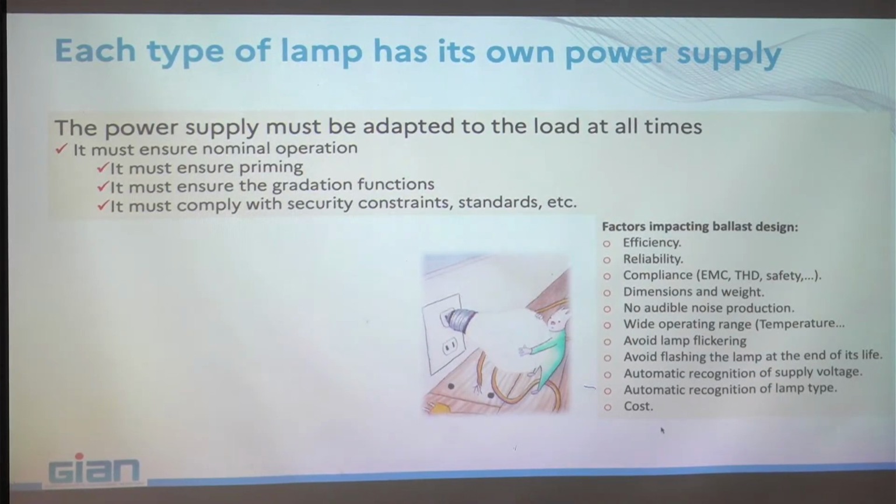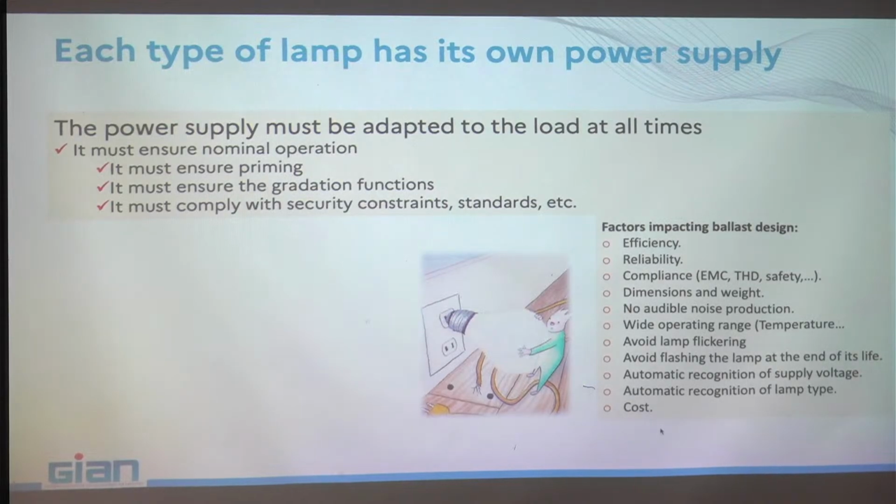It must ensure dimming, the gradation effect, of the lamps in some cases, and it must comply, of course, this is compulsory, with any security, electrical hazard, or any constraint imposed by electromagnetic interference problems, and different other constraints. There are some factors directly impacting the ballast design.